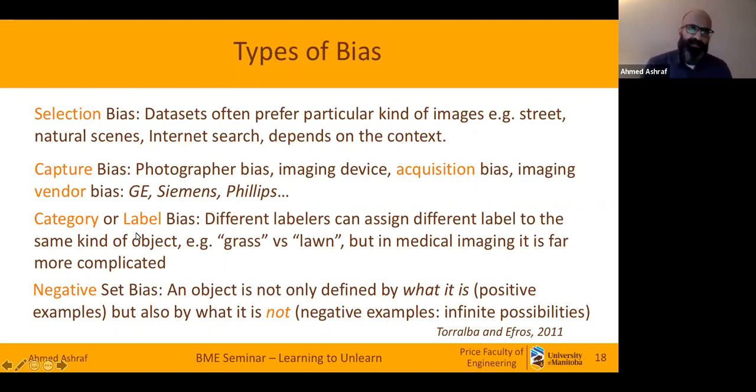Another kind of bias is the so-called labeling bias, because at the end of the day, these annotations and labels are coming from human labelers. And of course, people can assign very different labels to the same kind of object. And in the context of medical imaging, the problems are compounded.